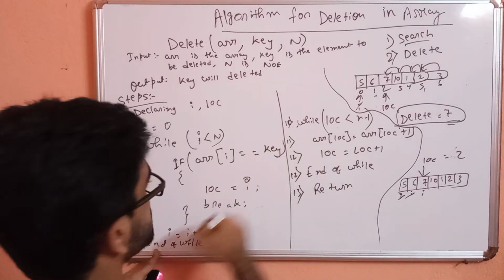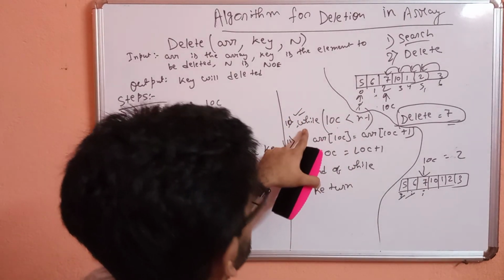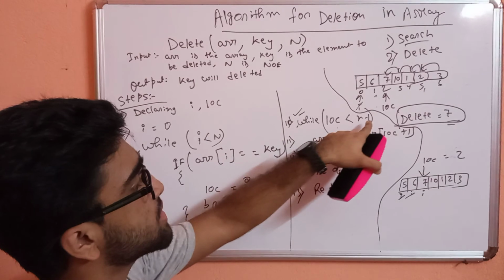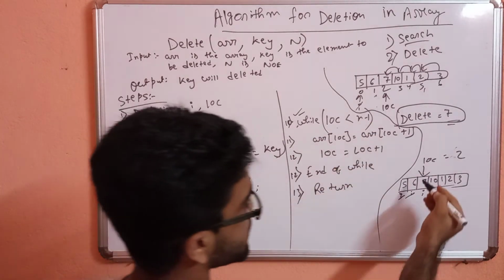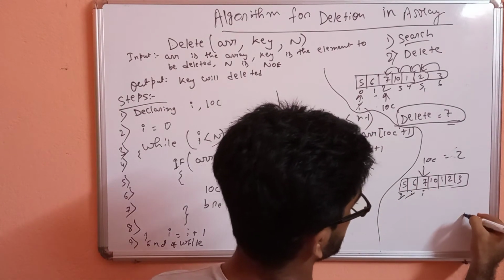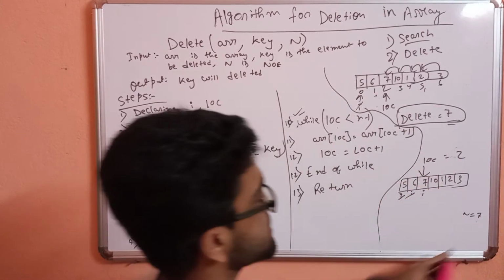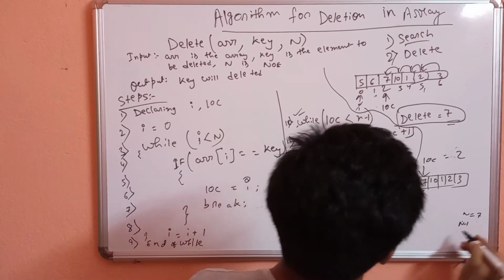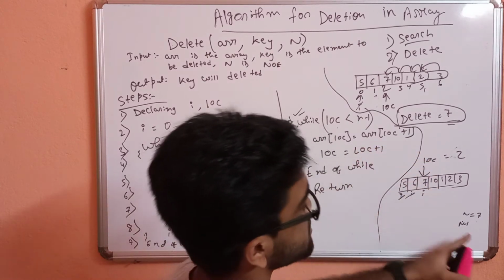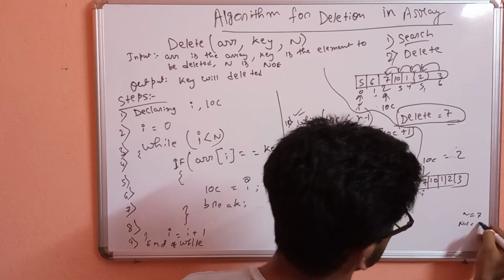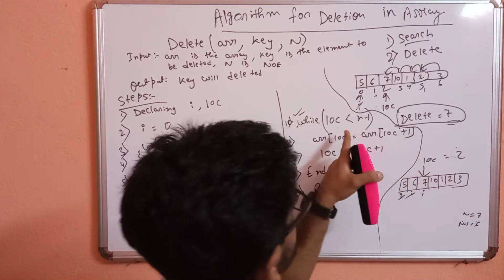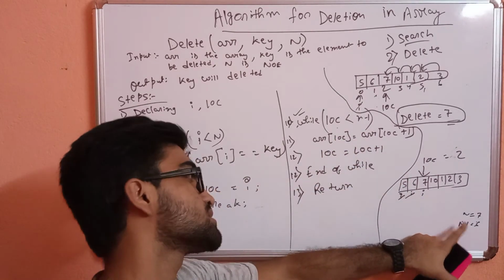Now the control will shift to this part. While LOC less than n minus 1, n is here 7, so n minus 1 equals to 6. Is LOC less than 6?